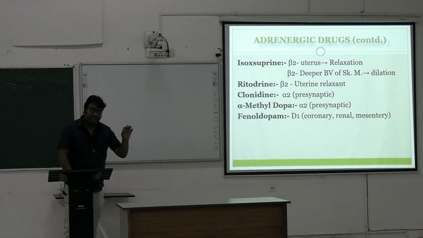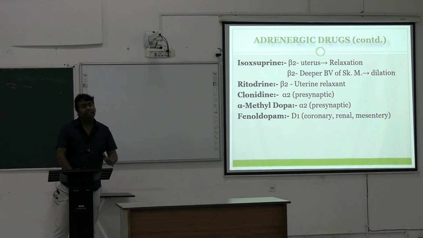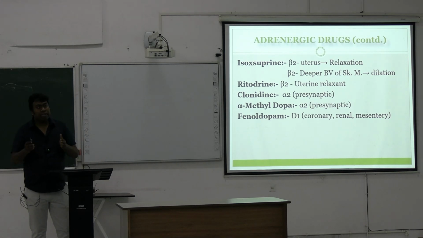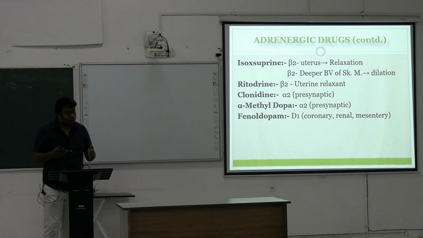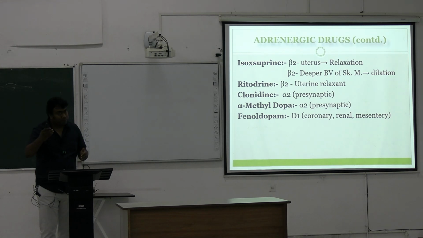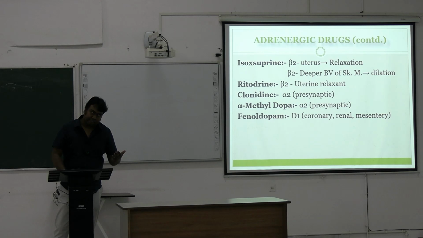Clonidine is an alpha 2 agonist or antagonist? Agonist. Today we are not talking about any antagonist, it is an agonist, alpha 2 agonist, but it reduces release of noradrenaline and sympathetic outflow by stimulating presynaptic receptors primarily present in the CNS.